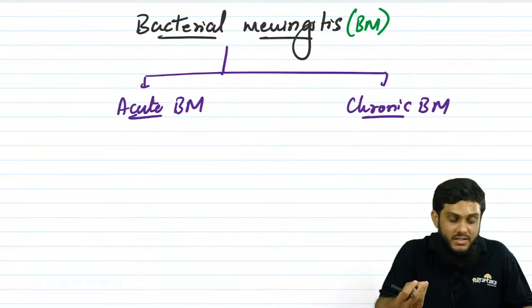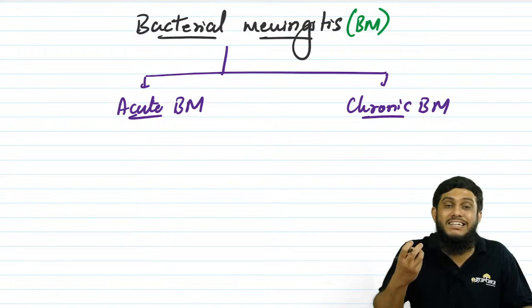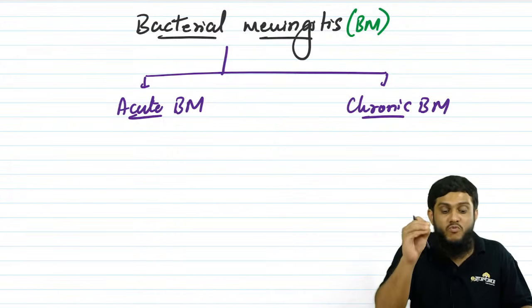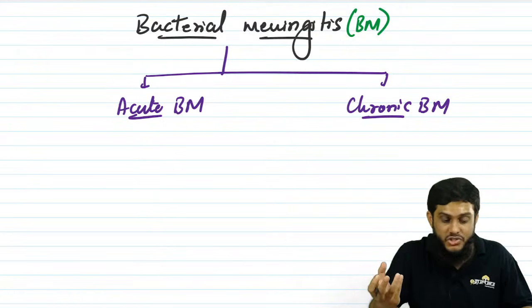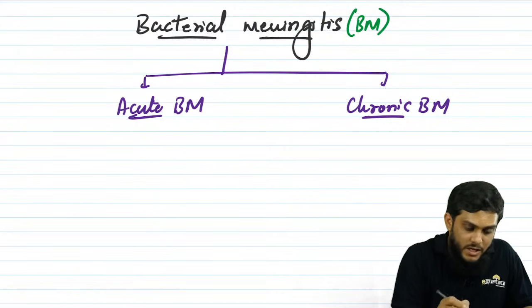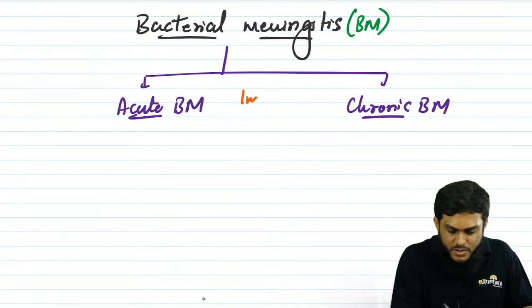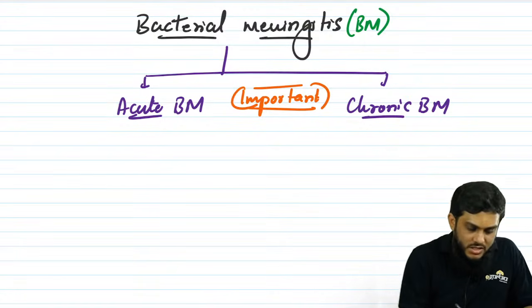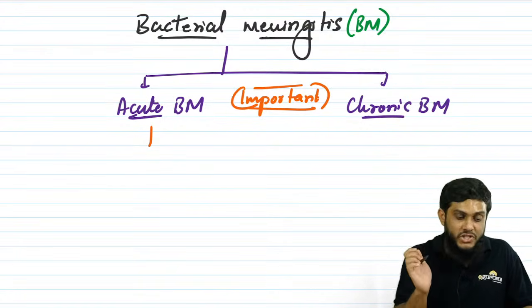There are many bacteria which can cause acute bacterial meningitis, and only one bacterium which can cause chronic bacterial meningitis. Let's start with acute bacterial meningitis.